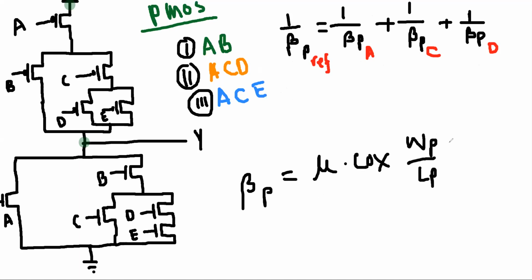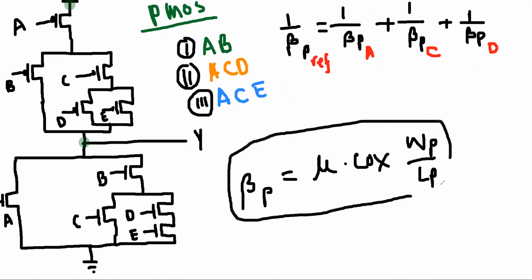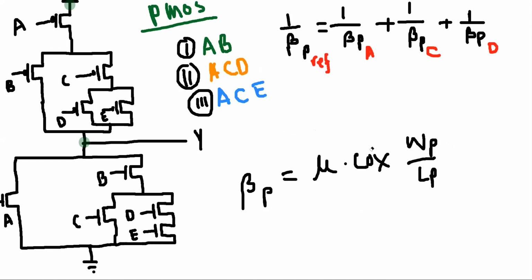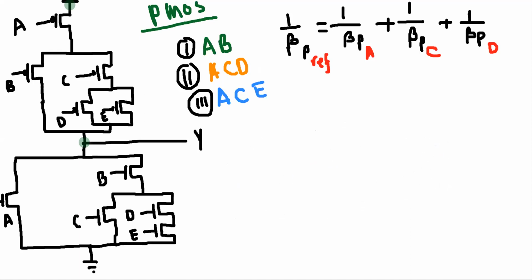From where did we get this formula? From the IDS equation, remember? Now mu and COX are common constants, so we can ignore them. So what is your beta P? W by L, right? So we are going to write W by L here.